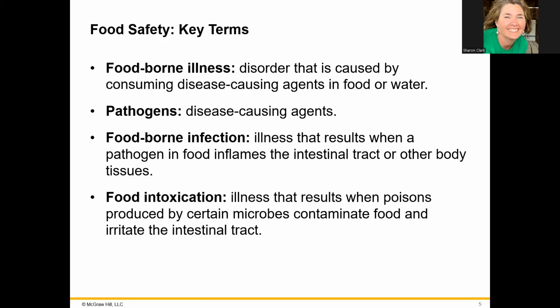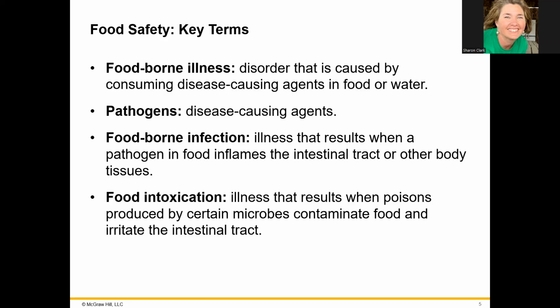Okay, so it can be manifested in the GI tract, the tissues, the blood, whatever pathogen it is, may affect a different body system. So most of the time it is the intestinal tract, but it can spread to tissue. It can spread to blood.